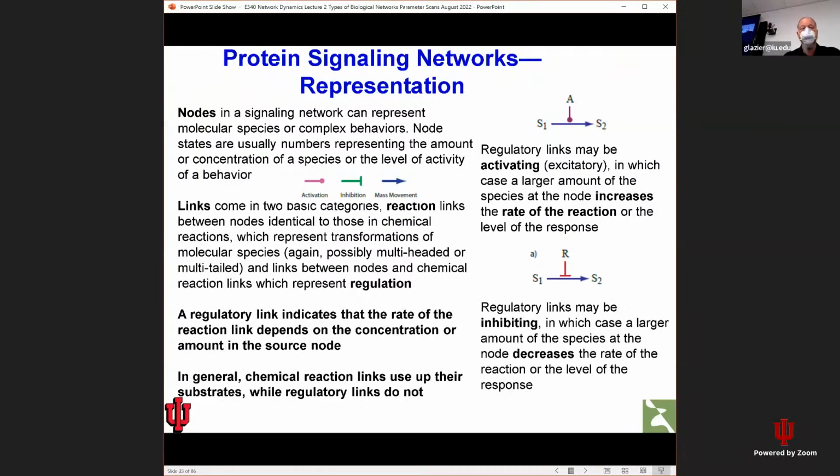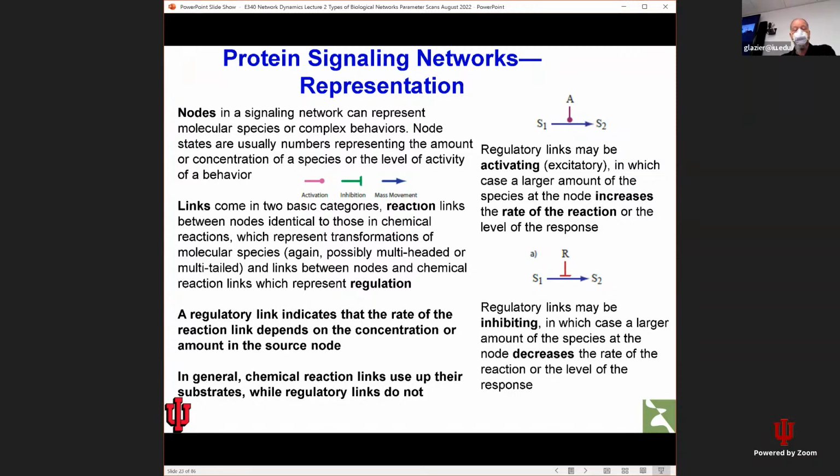R, with a T or a blunt-headed arrow, means that the more R we have, the slower the reaction, or the less S2 we get per unit of S1. Again, the key thing here is that A and R are not used up in the reaction. And so this idea of activation and inhibition is critical.